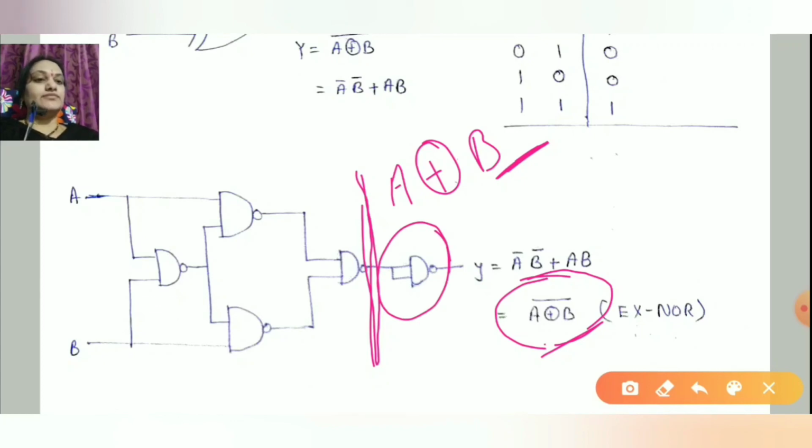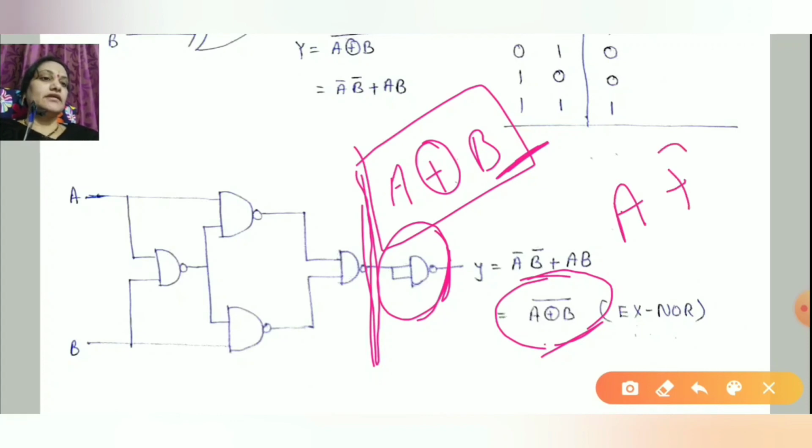Okay. Now this expression is connected to this gate, this NAND gate. You can observe here that the two inputs of this NAND gate are connected to each other, and the input is this expression. Now the output becomes complement of the input. That is A XOR B whole complement.